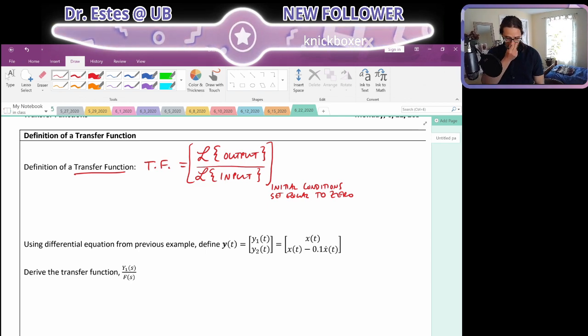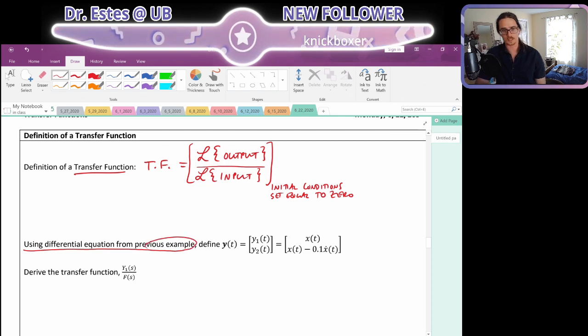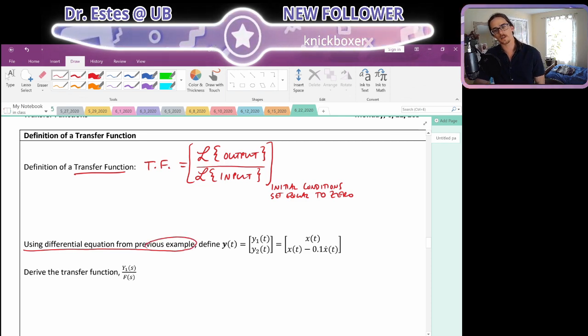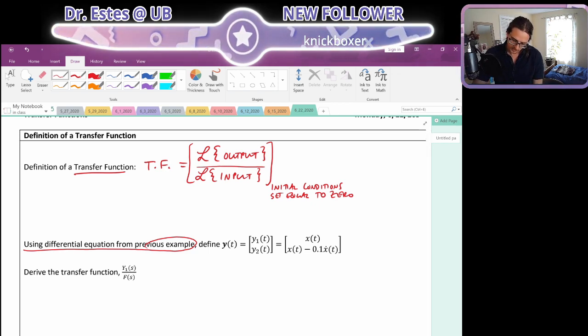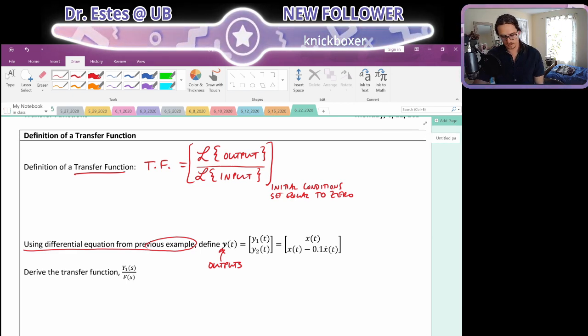Okay. So how about we recycle our result from the previous example, but I didn't define any outputs for the previous example. Now that we've done some state space, you're familiar with an output vector. So let's say I have two outputs.